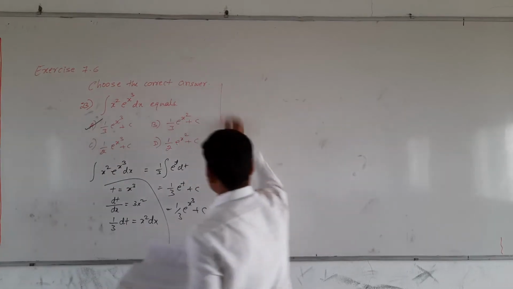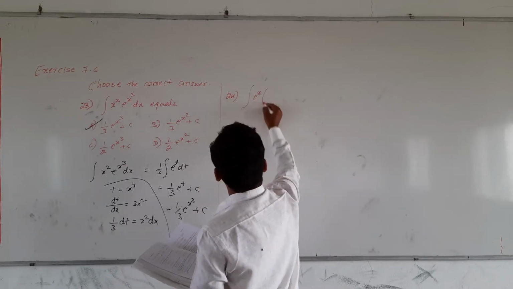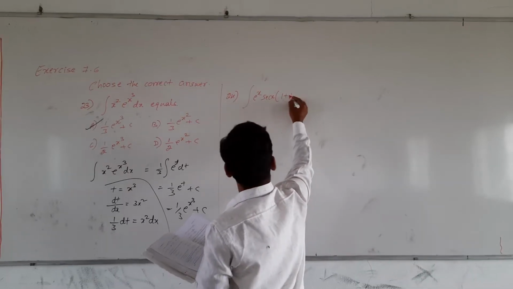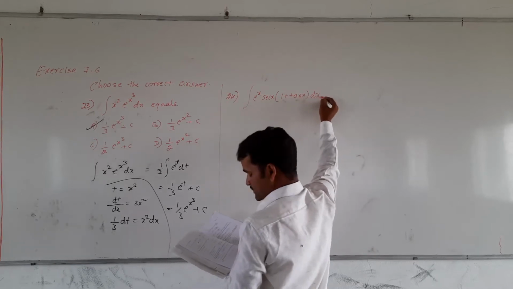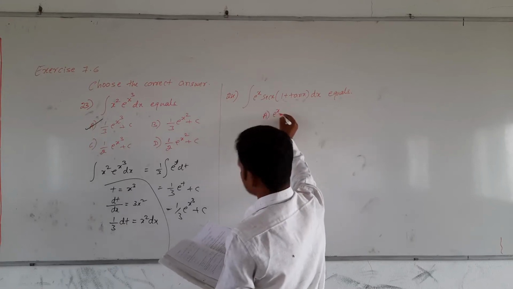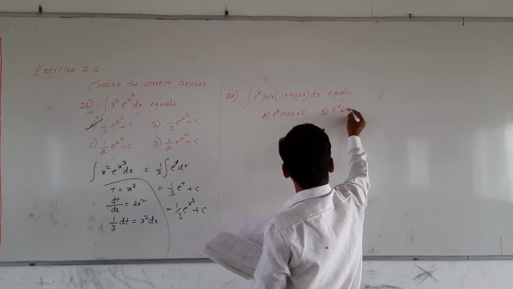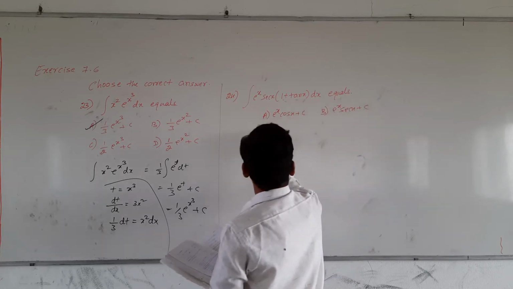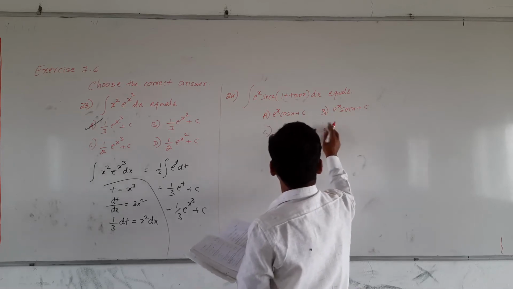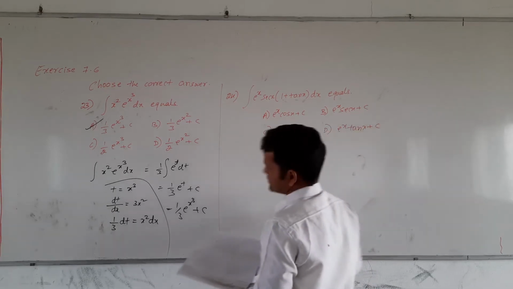Now we are taking problem number 24. It is given integration of e raised to x into secant x multiplied with 1 plus tan x into dx equals: option A, e raised to x into cos x plus c; option B, e raised to x into secant x plus c; option C, e raised to x into sin x plus c; option D, e raised to x into tan x plus c.